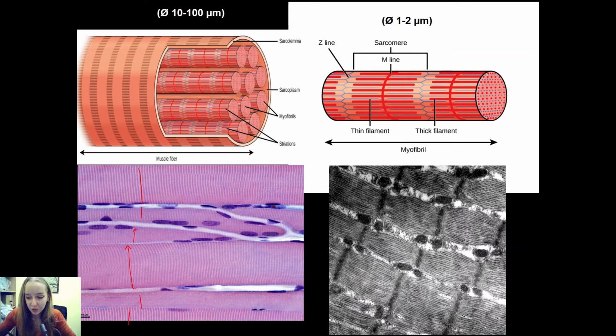Because really, myofilaments are part of the cytoskeleton. This is the smallest unit, really. Myofilaments are divided into thin filaments and thick filaments.